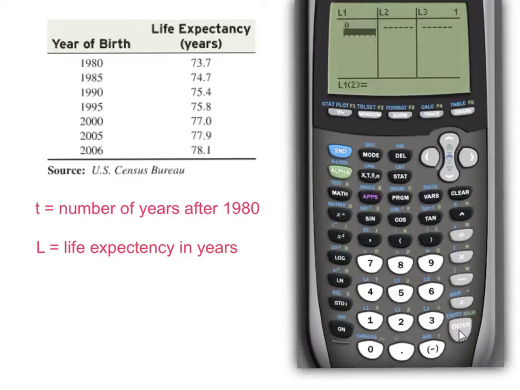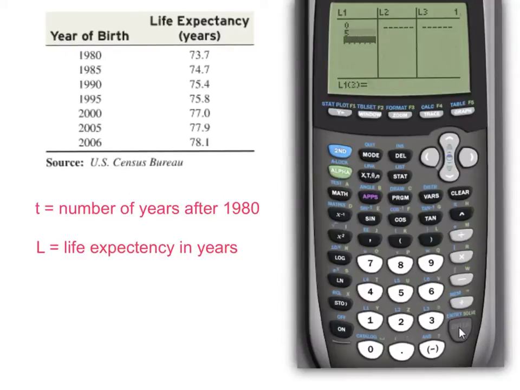Now remember, 1980 really would be a 0, because that's 0 years after 1980. And 85 would be a 5, and 1990 would be 10, and then 15, and then 20, and 25, and then 26.